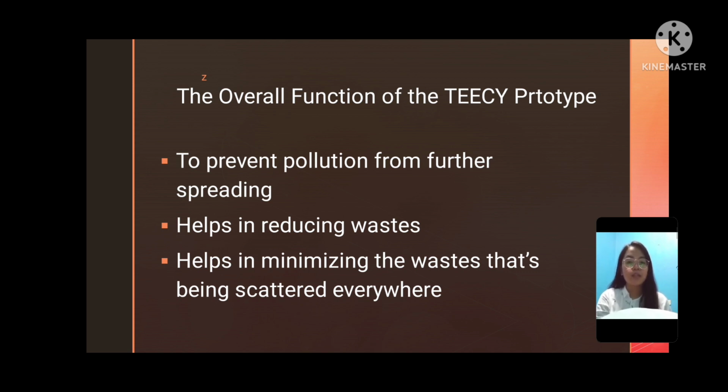Our prototype may help in reducing the further spreading of pollution by minimizing the wastes being scattered, since our prototype was designed to compress wastes in the bin so that they may form the shape of a cube to help prevent the wastes from scattering and going to canals, streets, lakes, rivers, and etc.